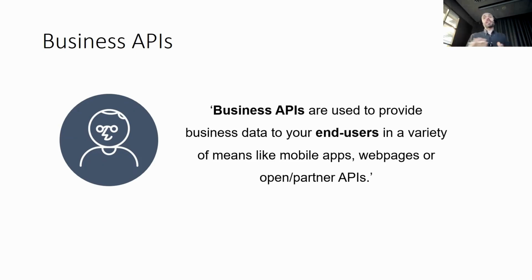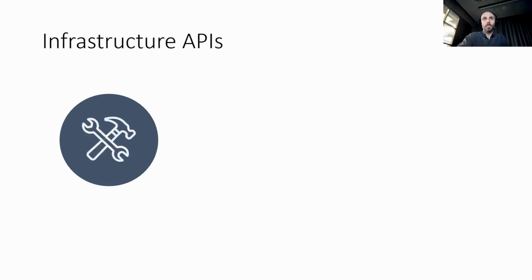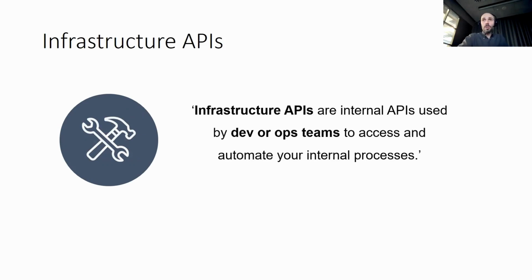Another way of saying that is that they're used to provide business data to end users, perhaps via a mobile application or a website. The second category is infrastructure APIs.